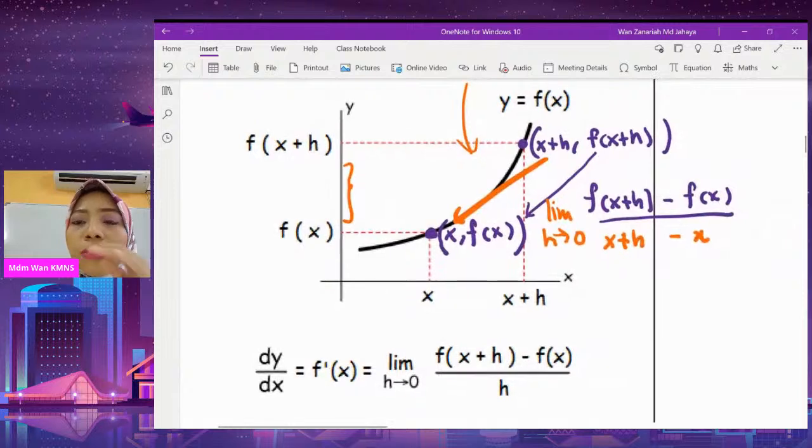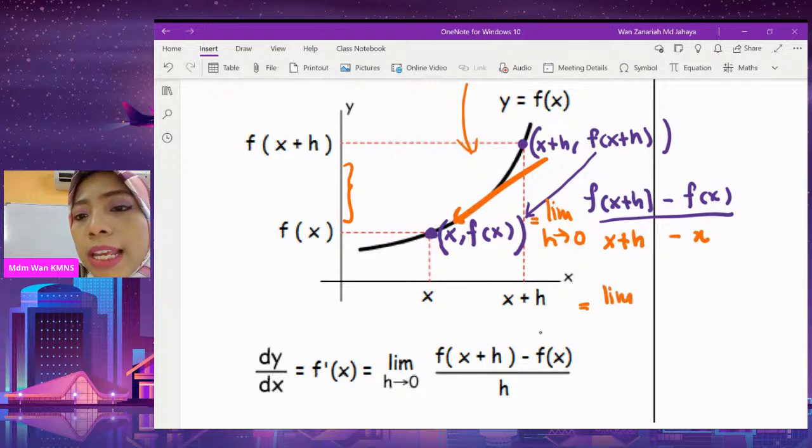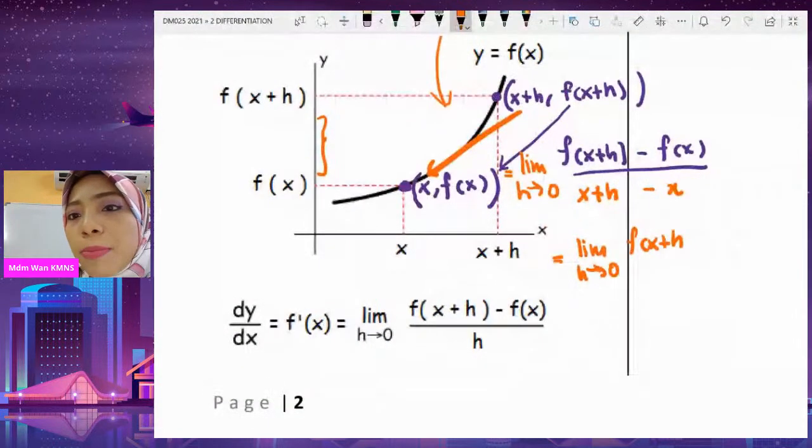Okay, let's continue. So this is the formula in finding the derivative at that point when the difference is almost zero. So limit h approaching zero is basically, ini memang tak boleh disimplifikan lah. Despite we cannot simplify f(x+h) ni, so we have to write it down.